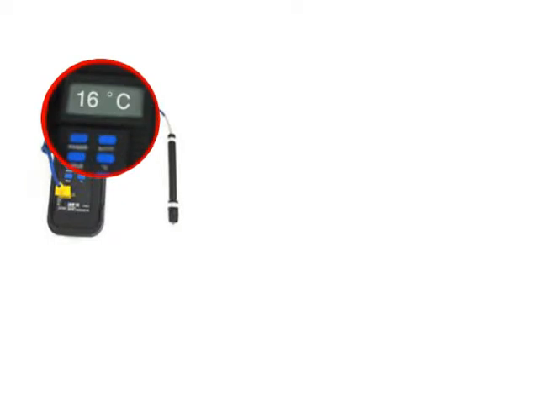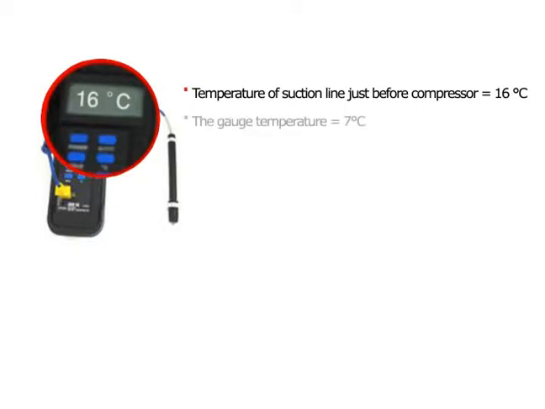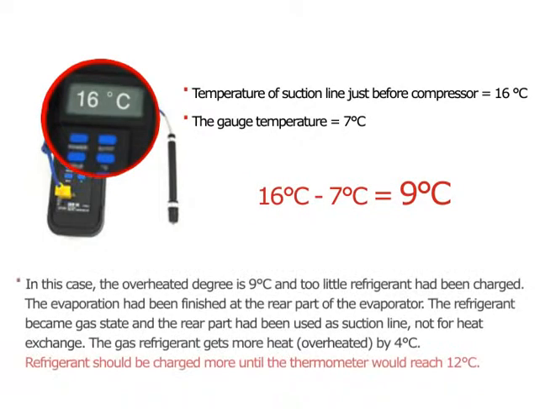This is the case where too little refrigerant has been charged. The temperature of the suction line just before the compressor equals 16 degrees Celsius. The gauge temperature equals 7 degrees Celsius. 16 minus 7 equals 9 degrees Celsius. In this case, the overheated degree is 9 degrees Celsius and too little refrigerant has been charged.